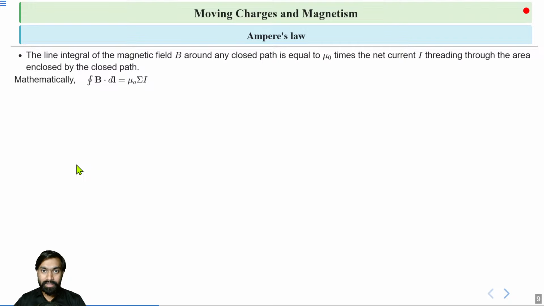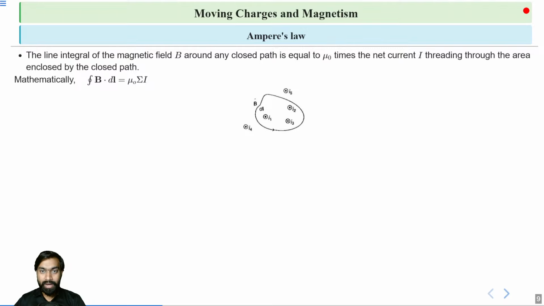Mathematically, this is expressed as closed integral of B dot dl is equal to mu naught summation I. Let's understand it with the help of a diagram. The figure shows a closed path with magnetic field B along the path element dl.